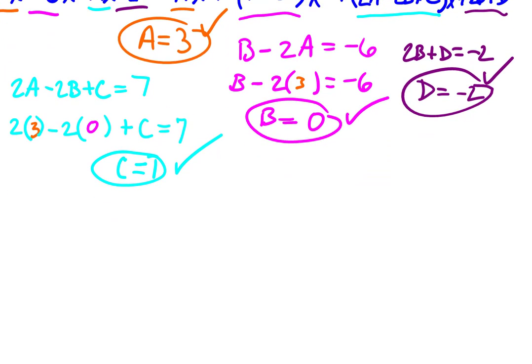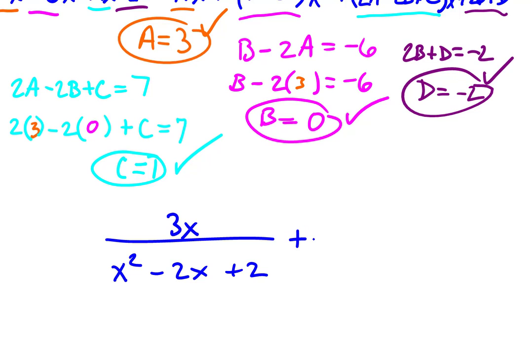We can go ahead and write our answer in final form. Our first term in our decomposed form was the single power of that prime quadratic factor, so just x squared minus 2x plus 2. And you'll recall its numerator was ax plus b. Well, a is 3, so really that means 3x, and then b is 0, so we really don't even need to put the plus 0 there.